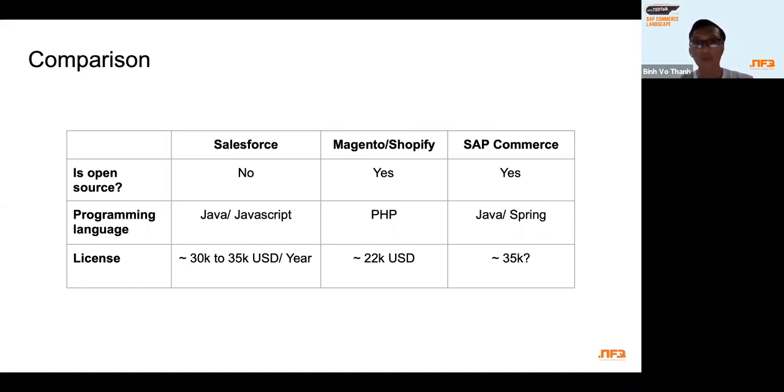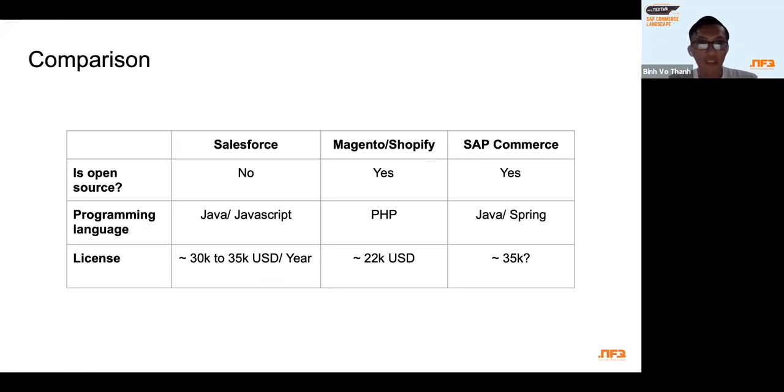Magento and Shopify use PHP, and SAP Commerce is Java and Spring. So if you want to become an SAP Commerce backend developer, you need some basic knowledge of Java and Spring.